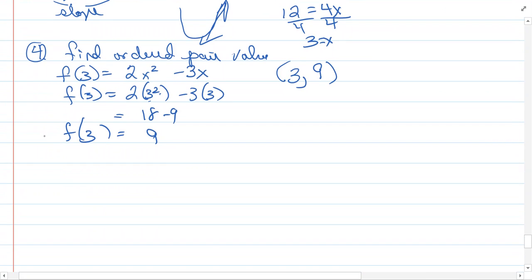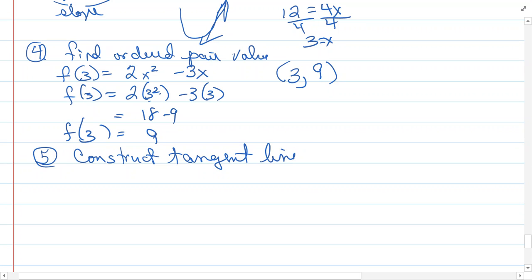So now we're going to construct the tangent line. And we have a slope of 9, and the point is 3 and 9.